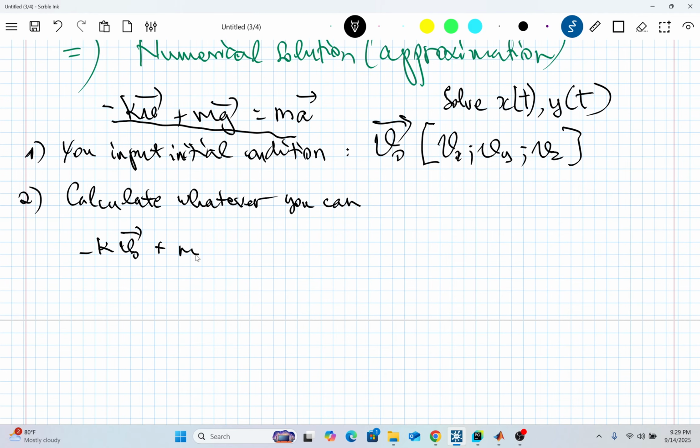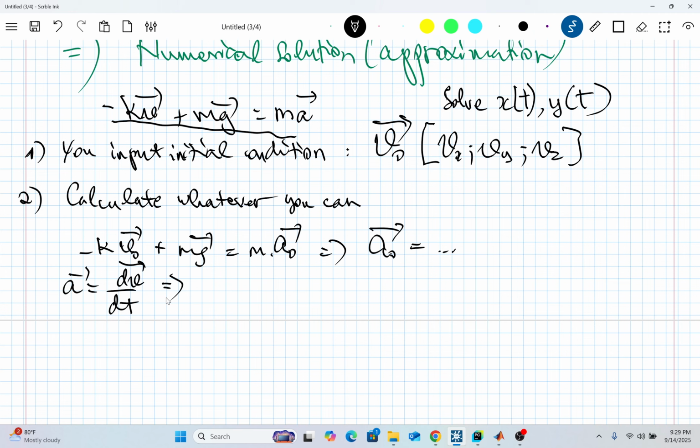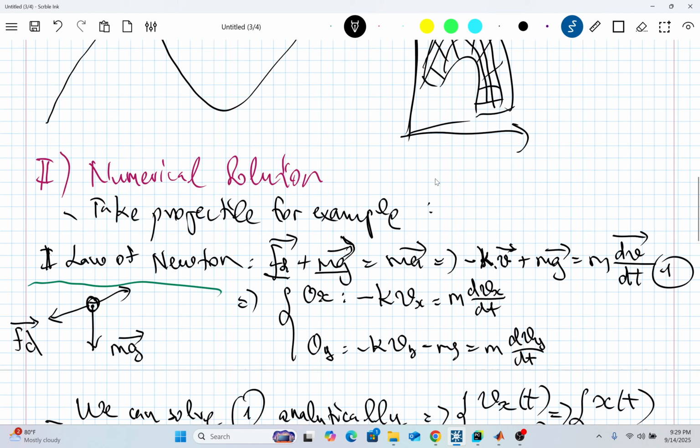You all know that a is the derivative of v over t, right? So if you want to update v, first you have to do what? You have to do time discretization.